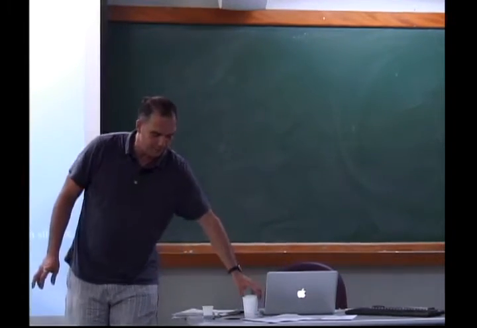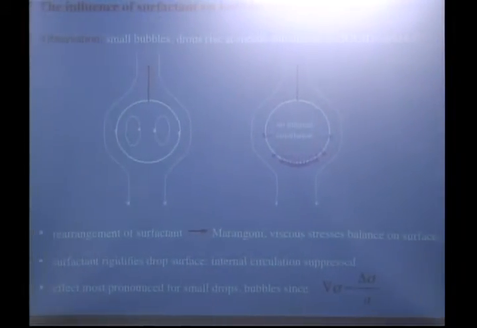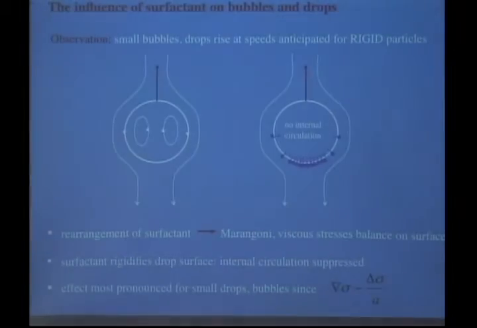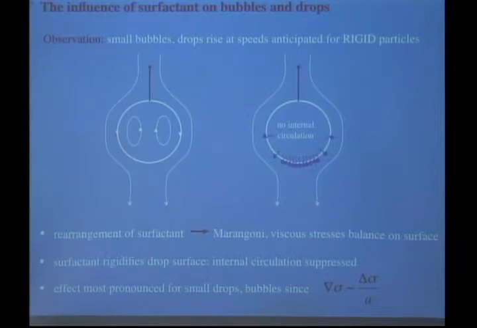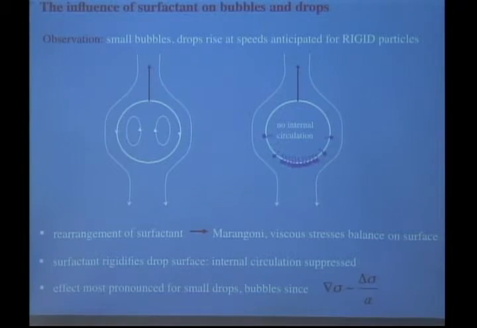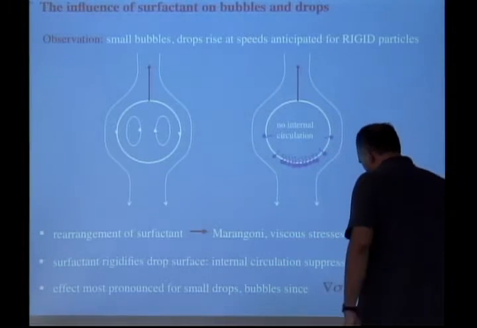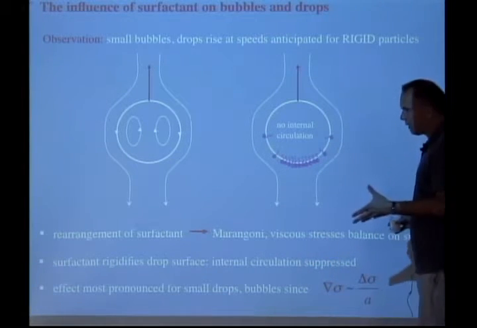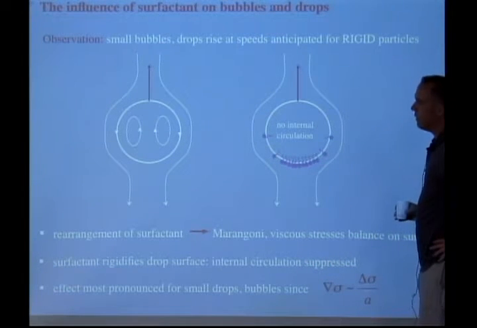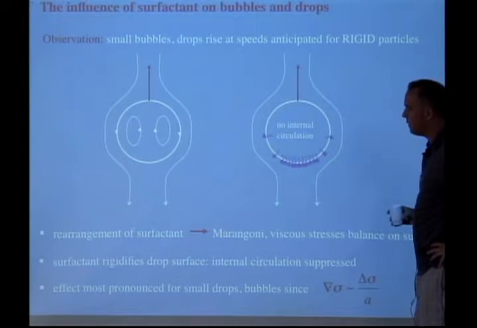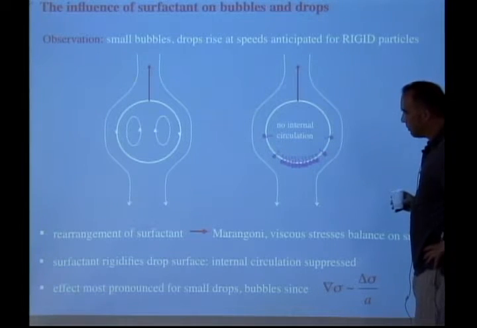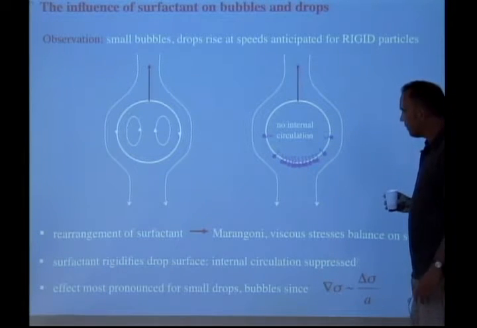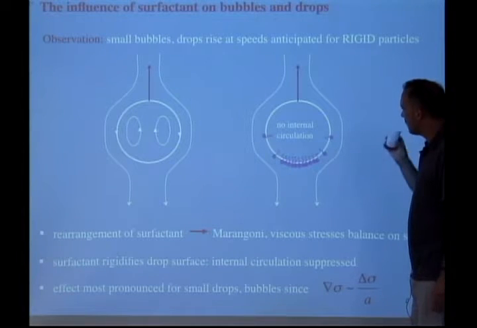Okay, ready? We'll probably come back to these later in the course, but I'll just quickly mention one effect of surfactants. You can solve exactly the flow for the speed of a drop or a bubble moving in another fluid at low Reynolds number.